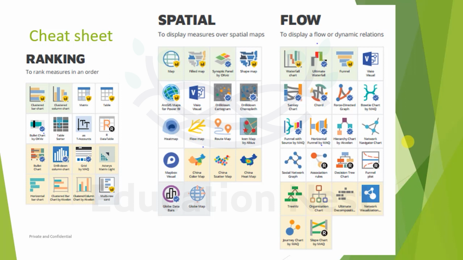Then there is flow, or a dynamic relation, for example, a funnel, such as a sales funnel, where you work on lead to opportunity and then moving on to sale and then closing, servicing. So usually those stage-based charts are the flow charts.